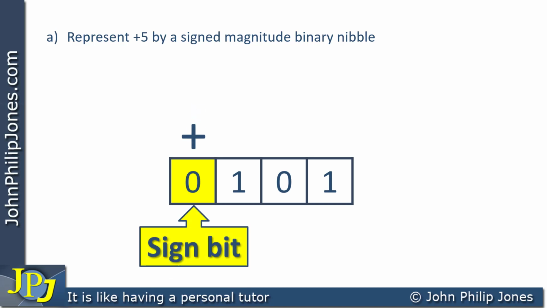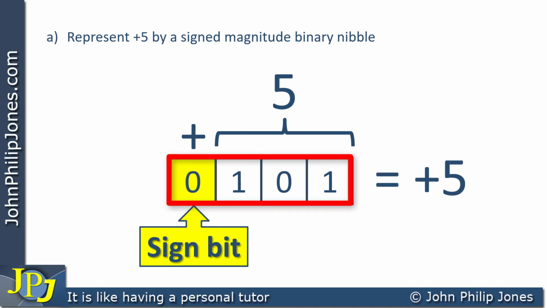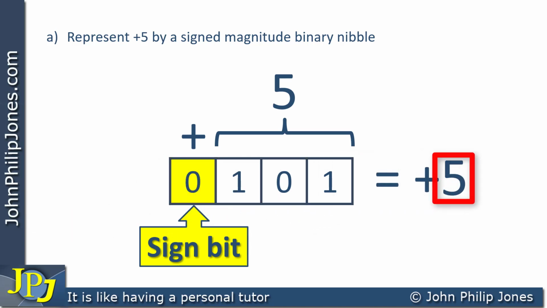So you can see I'm illustrating that as being positive. The other 3 bits are the magnitude. And we know that this will give us 5, because this is worth 1, this is worth 4, and when you add them up, you get 5. Consequently, the nibble you're looking at here is actually representing +5. This is the sign bit representing the positive, and this is the magnitude representing the 5.